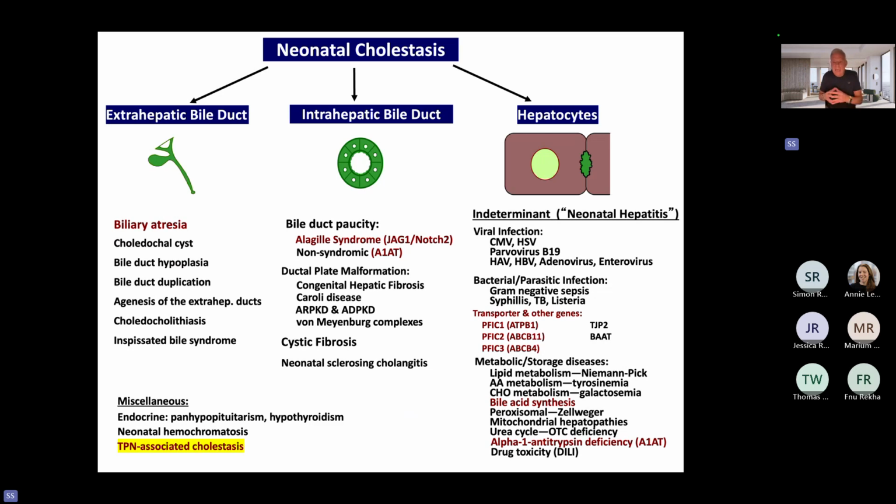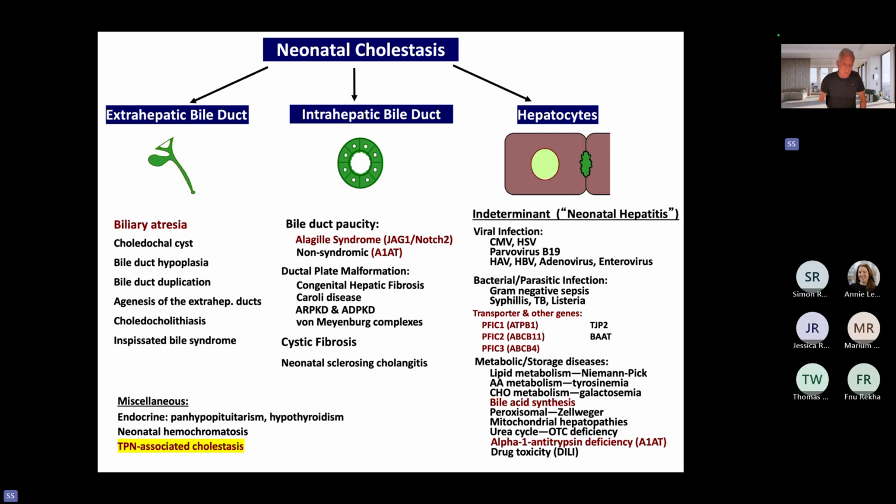So in the hepatocellular causes, as I mentioned, those include the neonatal hepatitis syndromes, a wide variety of viruses shown here, but importantly, problems of progressive familial intrahepatic cholestasis, which are highlighted in red, as well as the problems of bile acid synthesis and alpha-1 antitrypsin deficiency.